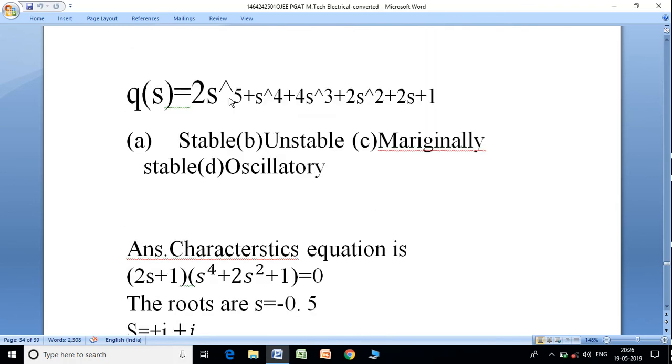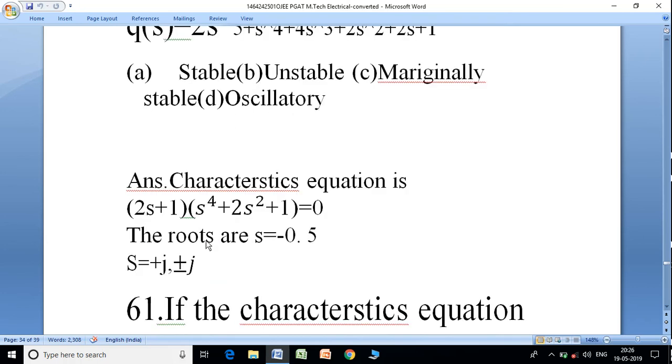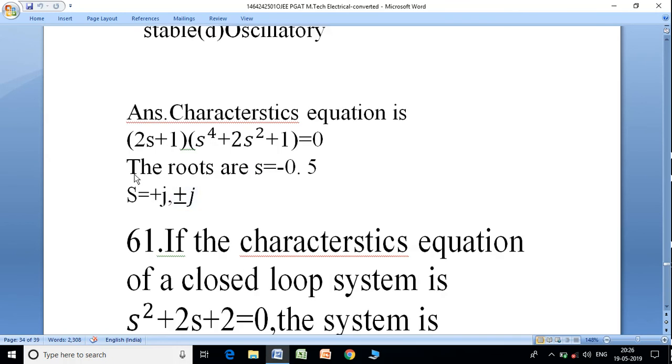If we factorize this, taking common 2s plus 1 here, then this will be factorized into these two factors, that is 2s plus 1 and s to the power 4 plus 2s square plus 1 is equal to 0. Therefore, we can find the roots: s is equal to minus 0.5, and here plus j, here minus j, with repeated pairs.